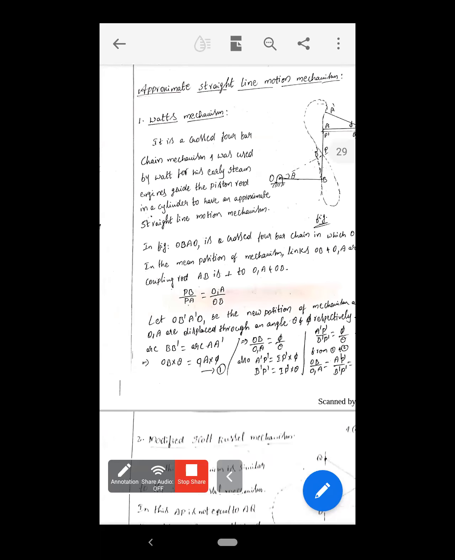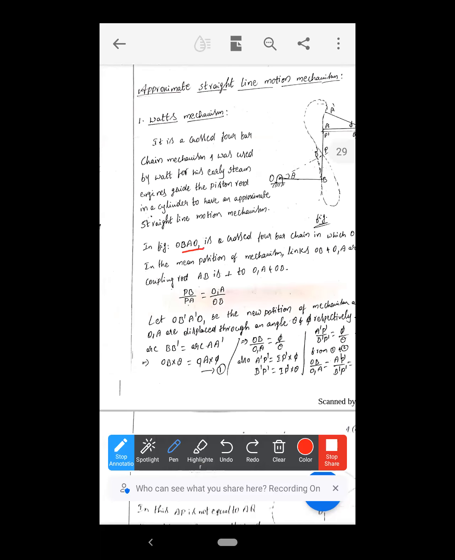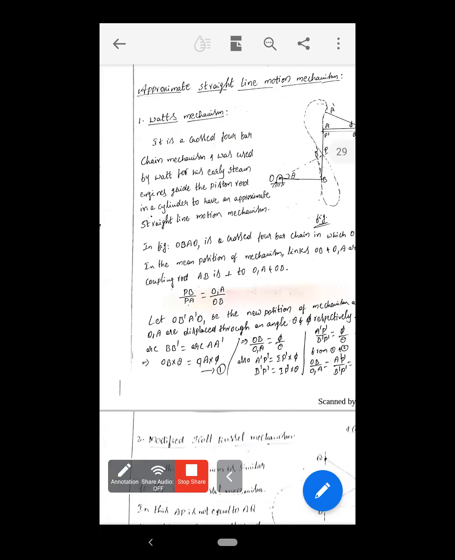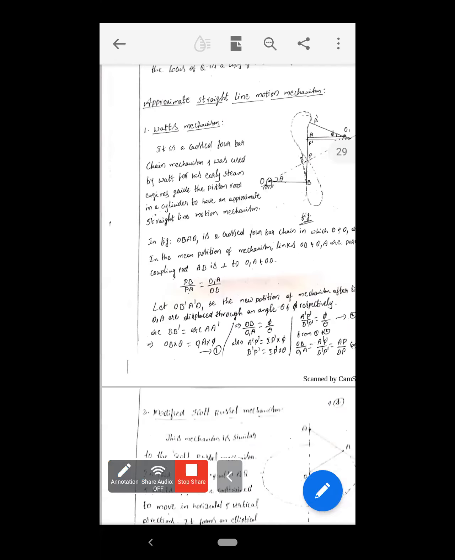It seems to be a crossed 4-bar chain in which O and O1 are fixed.